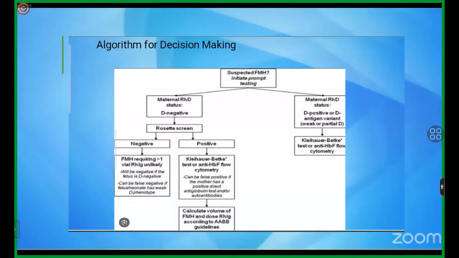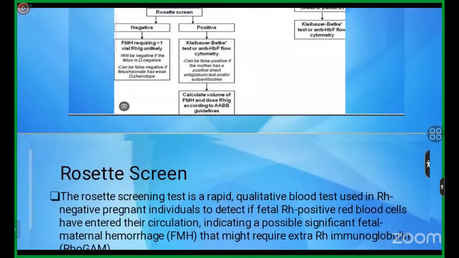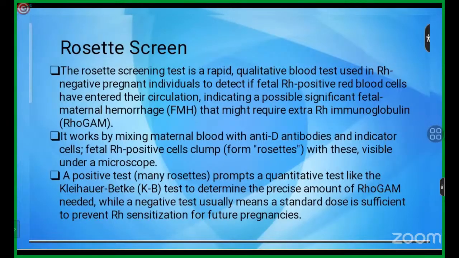We should calculate the volume of FMH and the dose of RhD, that is anti-D, according to American Association of Blood Banks guidelines, AABB guidelines. The Rosette screen I was talking about is a rapid qualitative test used in Rh negative pregnant individuals to detect if fetal Rh positive red cells have entered their circulation.